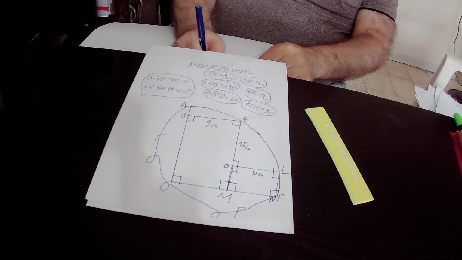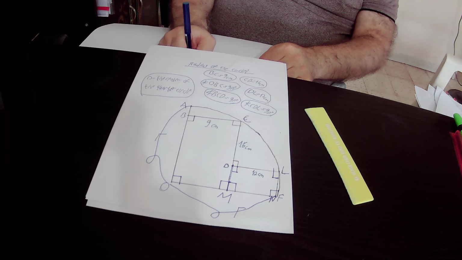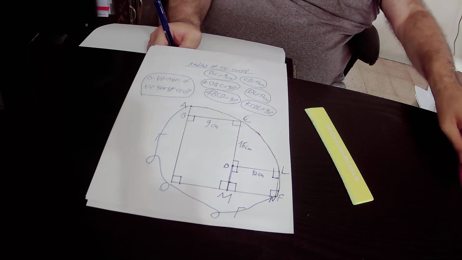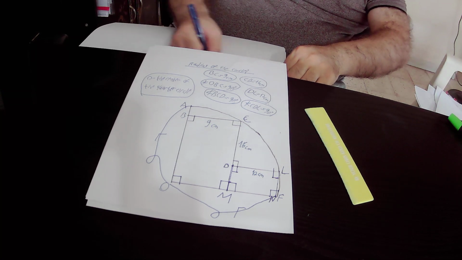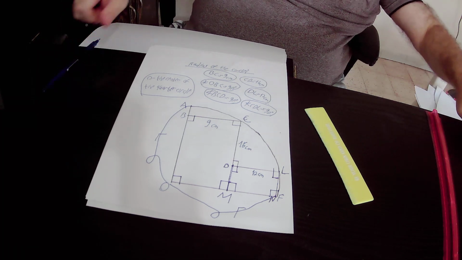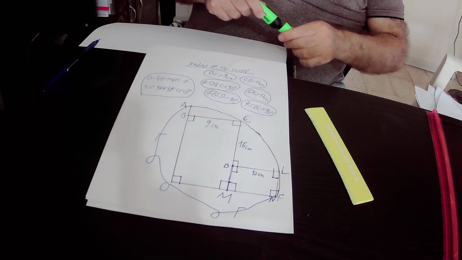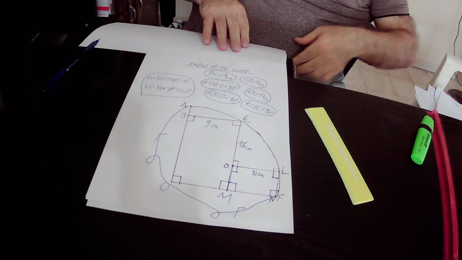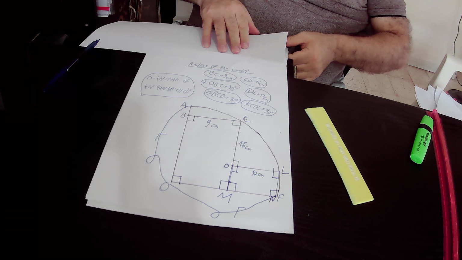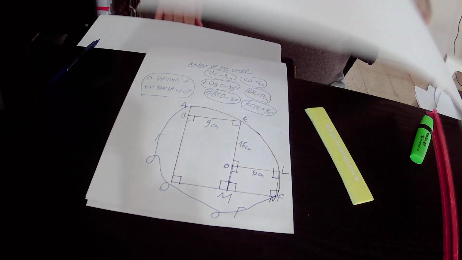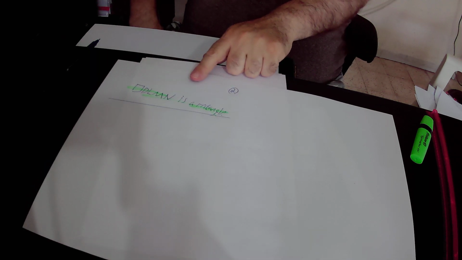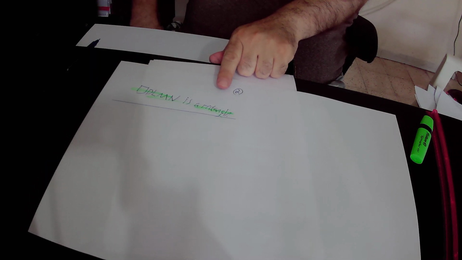So we will treat quadrilateral DLMN as a rectangle, because it has 4 right angles.